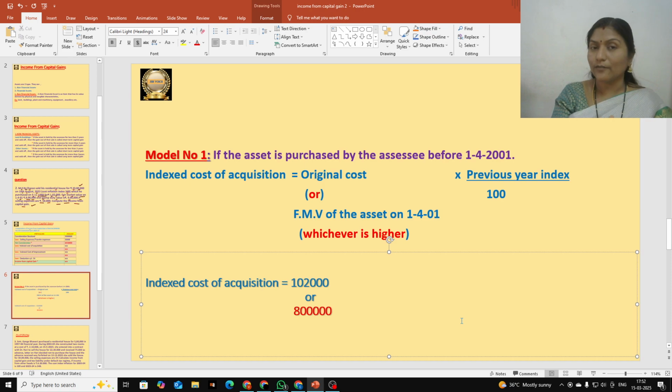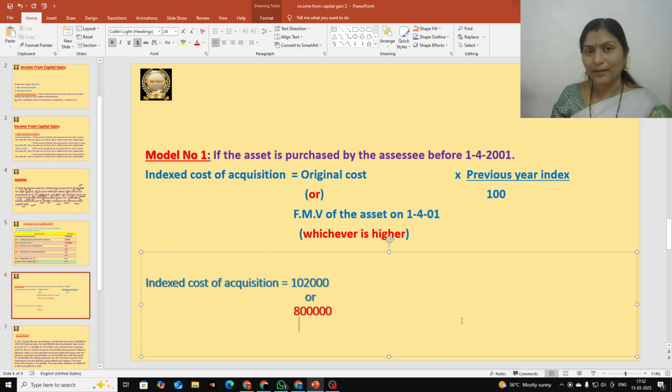So what we should do, first we have to select the highest one out of these two. The highest one is 8 lakhs out of 1,02,000 or 8 lakhs. We selected that. If stamp duty value is not given, we can proceed with 8 lakhs. If stamp duty value is given in the question, then we have to take into account stamp duty value also.